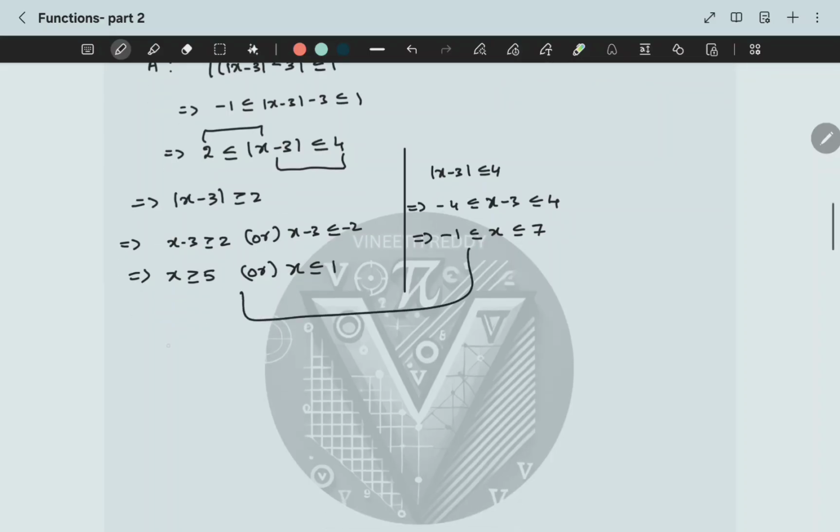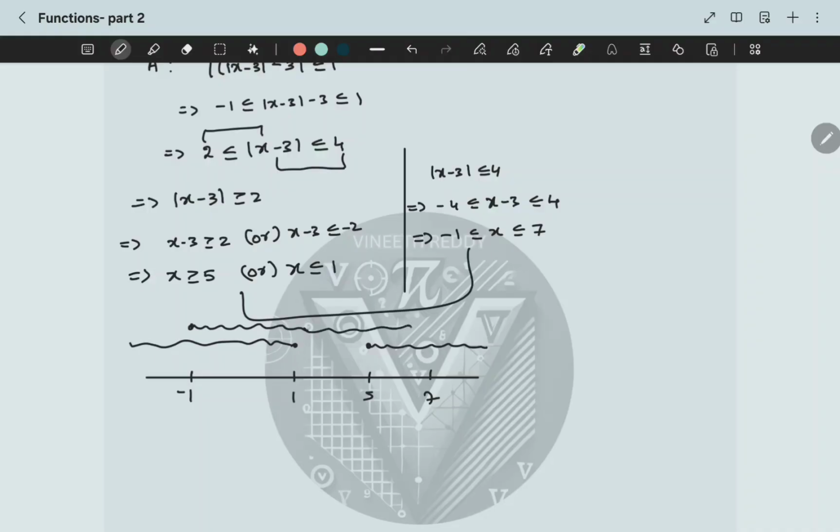So combining these two, we have minus 1 here, then 1 here, then 5 here, and then 7 here. Based on the first part, x should be greater than or equal to 5 or x should be less than or equal to 1. And based on the second part, x should be between minus 1 and 7, including both the values. So I think this is the common region.